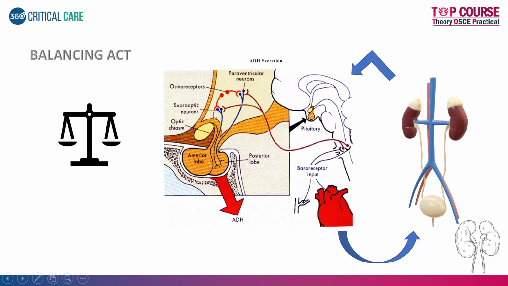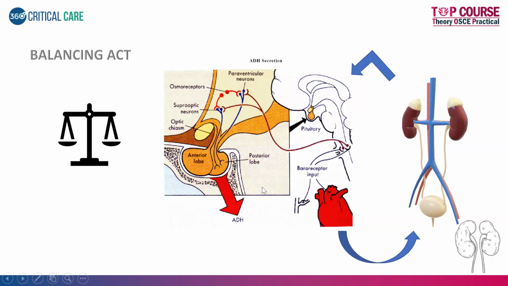Based on that, it prevents further loss of electrolytes as well as water by secreting the antidiuretic hormone from the neurohypophysis, or the posterior pituitary, which goes and acts on the vasopressin receptors in the collecting tubule, thereby causing retention of sodium and water.